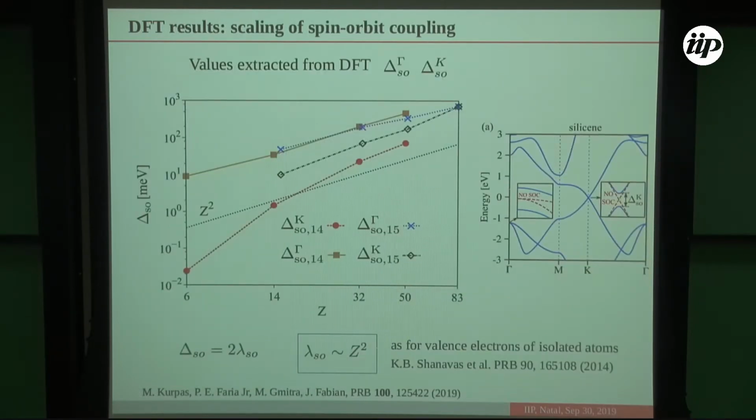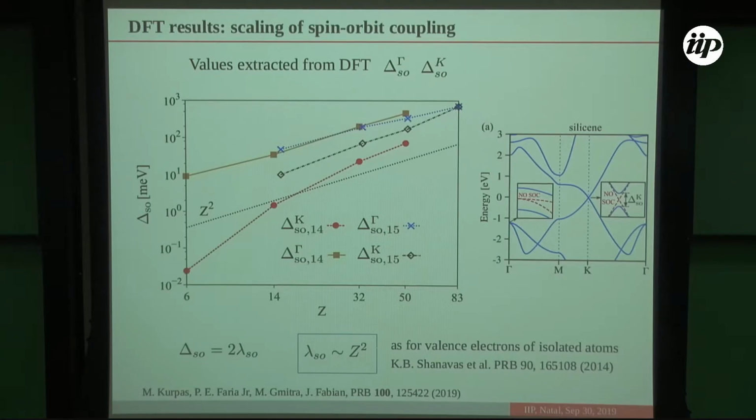Okay, so I extracted all those band gaps and collected them and plotted them here versus the atomic number. What we see is that for those 3 curves, the scaling law of delta SO with atomic number really follows a quadratic dependence.